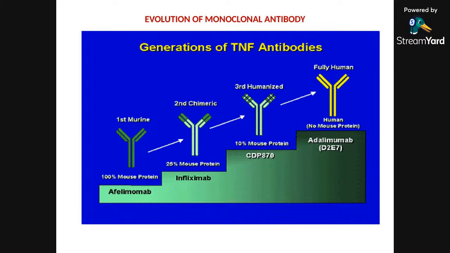Again, the next is only 10% mouse protein. Then, with hybridoma technology, the third: a fully human-based protein is produced. That is adalimumab. That product is in the market.